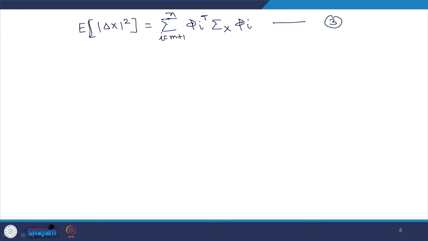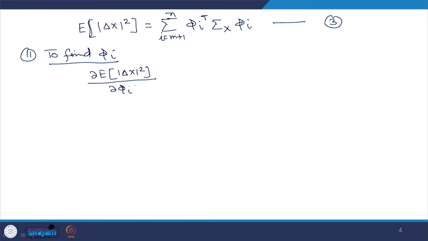Now, what I have to find out is phi i. So, to find phi i, what I need to do? Del E delta x square upon del phi i equals to 0, subject to phi i transpose into phi i equals to 1.